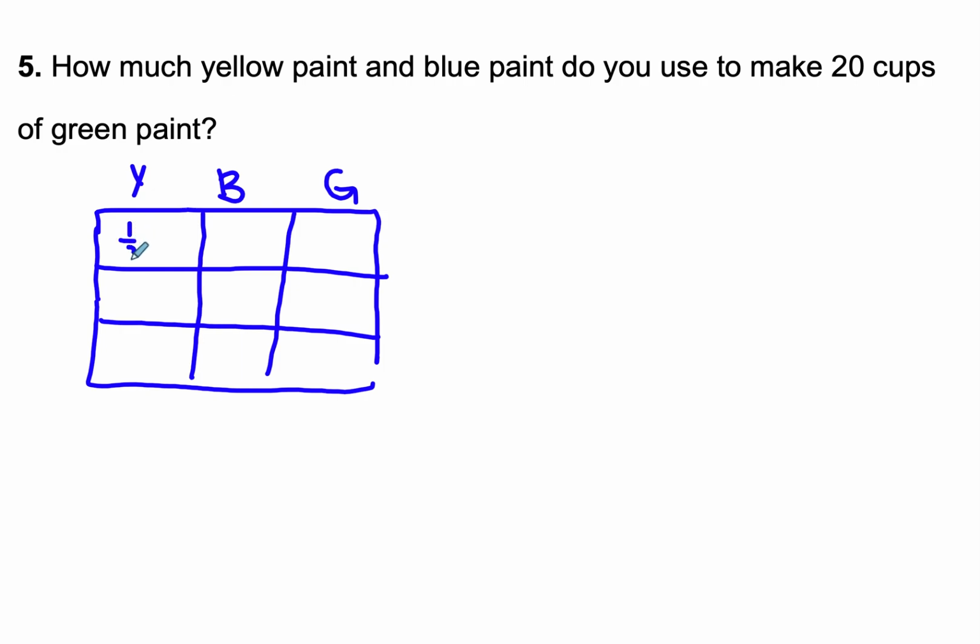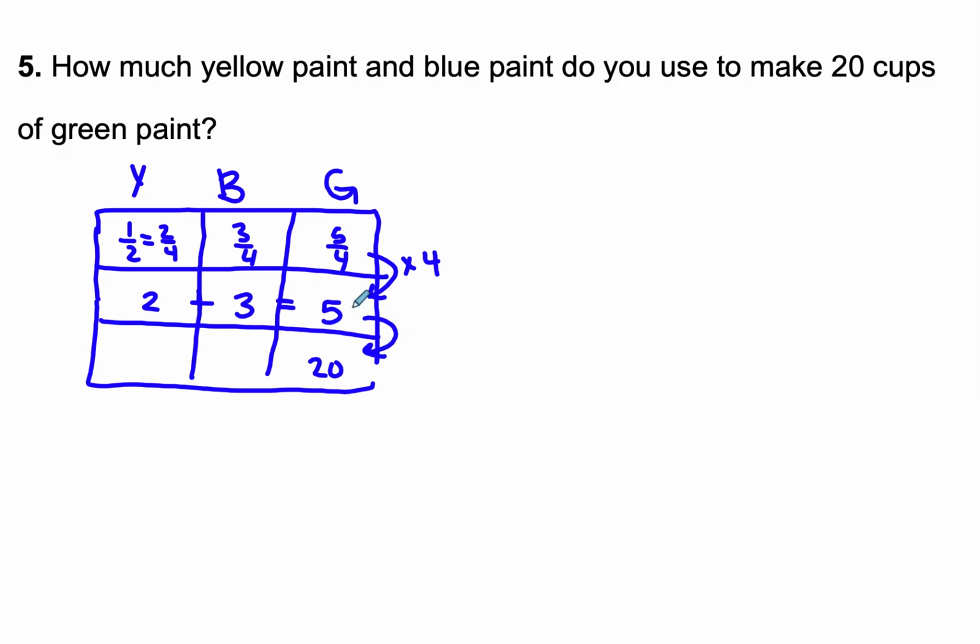We had 1/2 and 3/4, which equals 5/4, but this time I need it to equal 20. So we multiply everything by 4 to get rid of the denominators. Whoops. Got to change that back into my common denominator here before I multiply. So that gave us 2 cups of yellow. It gave us 3 cups of blue. That gives us 5 cups of green.